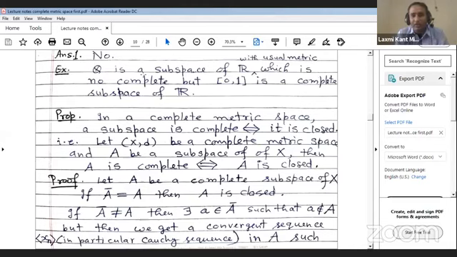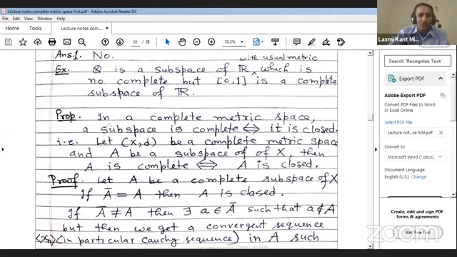Any subset of a metric space that can be equipped with the metric induced by the metric on the given metric space is called a subspace. So Q is a subspace of R, where R means the set of real numbers with the usual metric, which is not complete, but the closed interval [0,1] is a complete subspace of R.